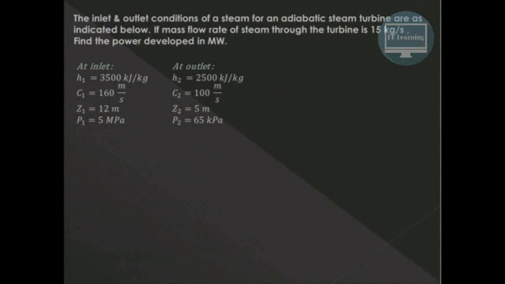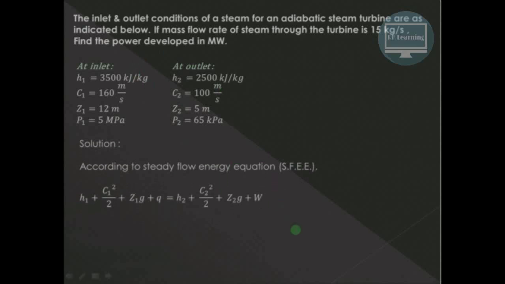So in this particular case, the inlet and outlet conditions for the adiabatic steam turbine are given. So values of H1, then velocity, datum and pressure are given, and at outlet also the corresponding values are given, and we have to find out what would be the power developed in megawatt. So according to the steady flow energy equation, we can apply this particular steady flow energy equation.